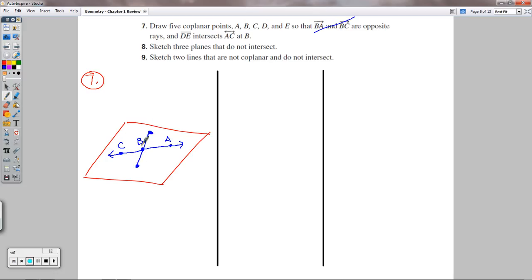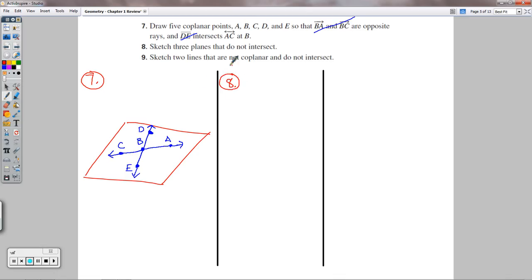I could draw a line after that. It would still be true that segment DE, if I called this D and I called this E, it would still be true even if I added the little arrows going in both directions. Segment DE would still intersect AC at B. So that takes care of both of those requirements. I'm good to go on that one. Let's check out number 8.